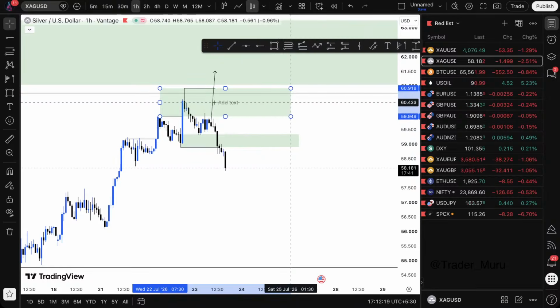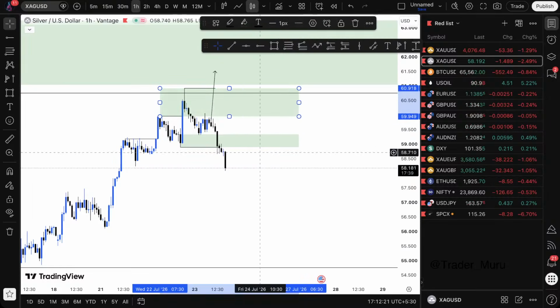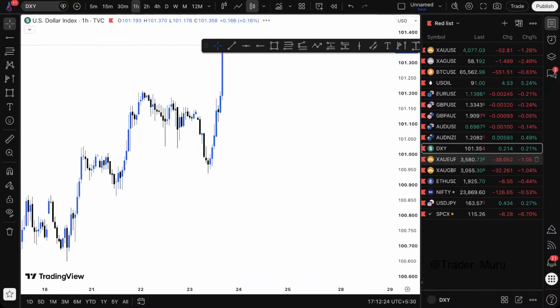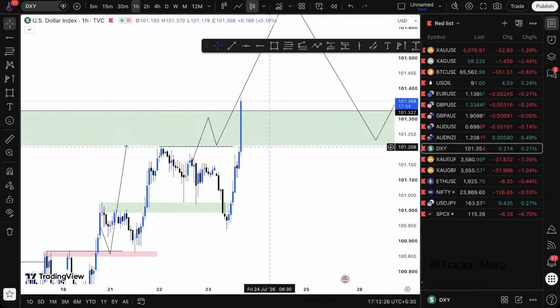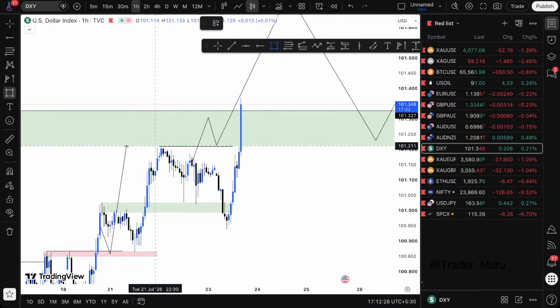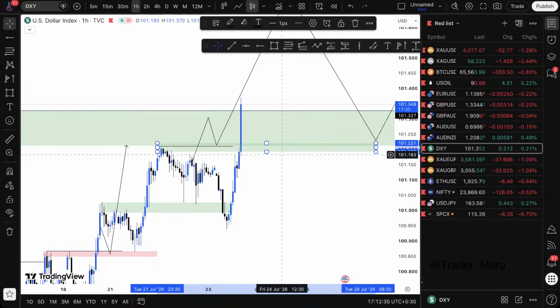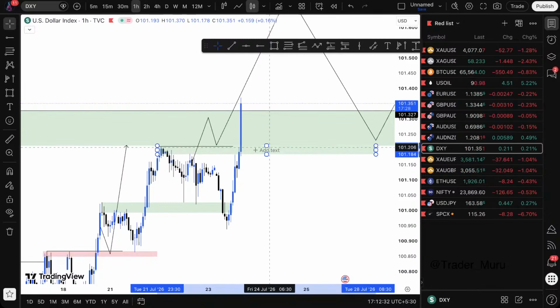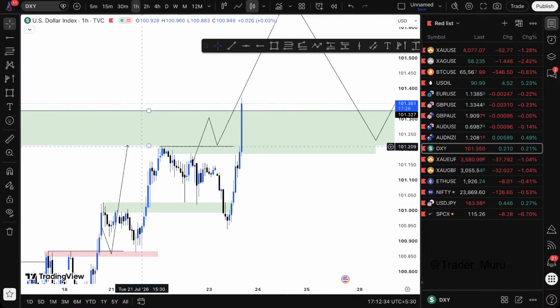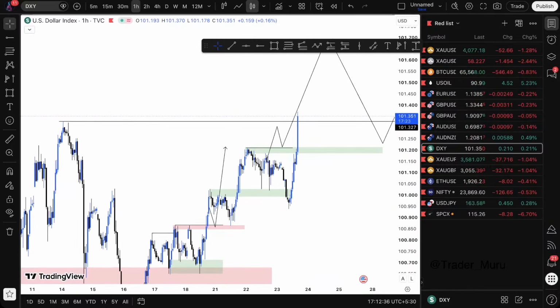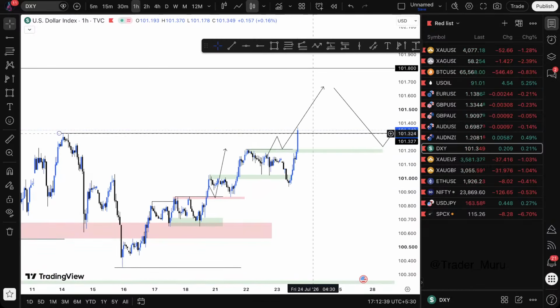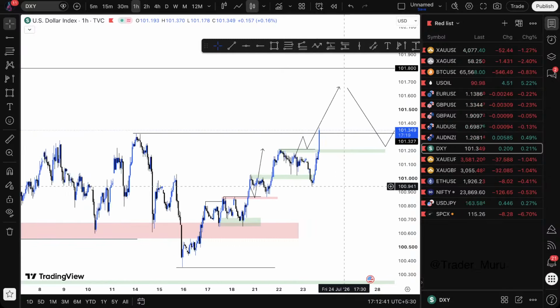From these two areas, you will get a short entry in silver. DXY is bullish. If it tests here, it will pump again. But it will not test here, it will close somewhere here, test this line and pump again.